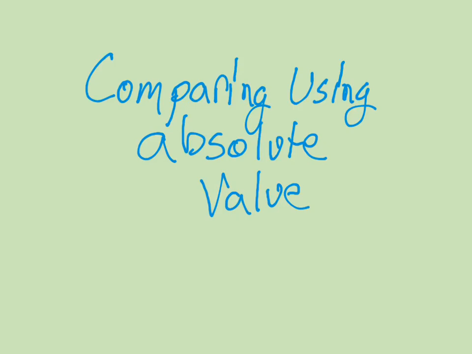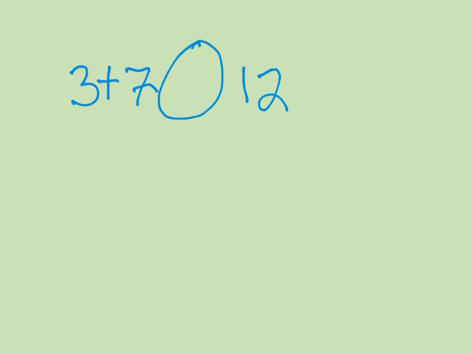operations. So what this means is if I am comparing, let's say, 3 plus 7 and 12, I first must do any operations. On the left side, we have an operation of 3 plus 7.